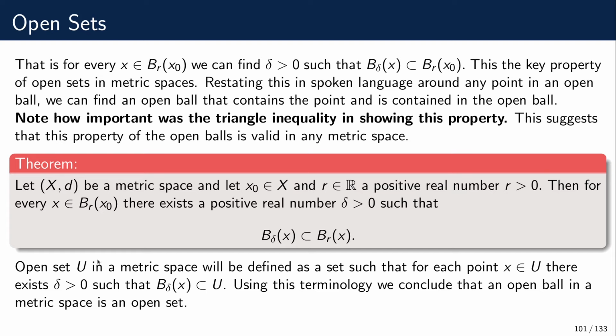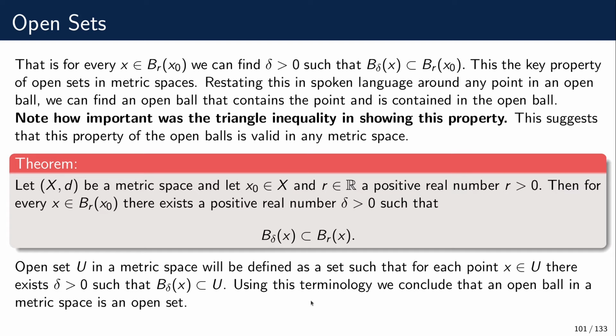So an open set U in a metric space is defined as a set such that for each point x in U, we can find a positive delta such that the ball with radius delta around x is entirely contained in U.